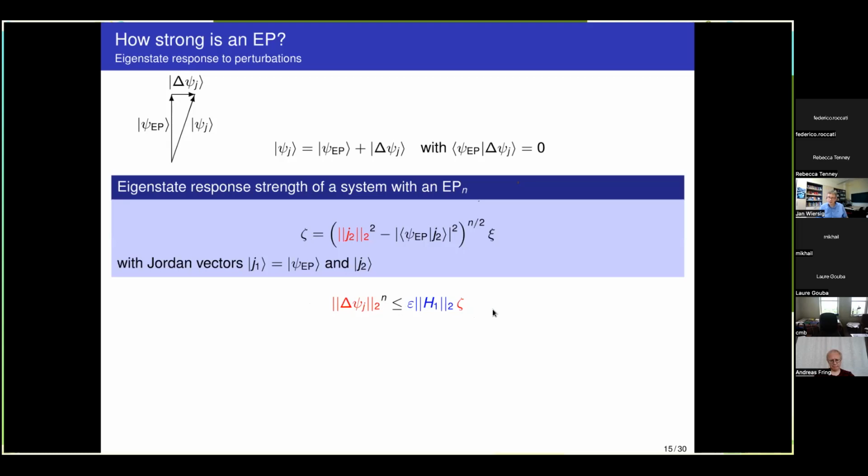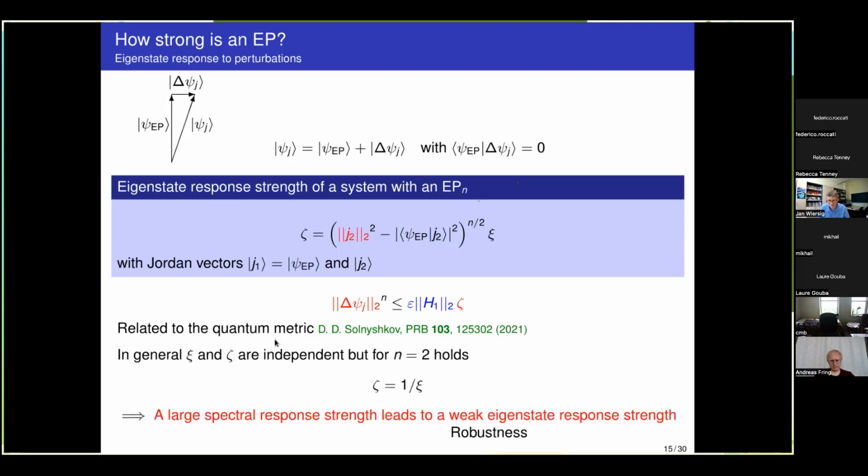Zeta and psi are in general independent quantities that characterize the exceptional point. I forgot to mention, if you're familiar with the quantum metric approach, it has some similarities to it, but it's different. In particular, using the inequality here, we can separate the perturbation and the influence of the exceptional point. This is not done in the quantum metric approach, but there are some similarities.